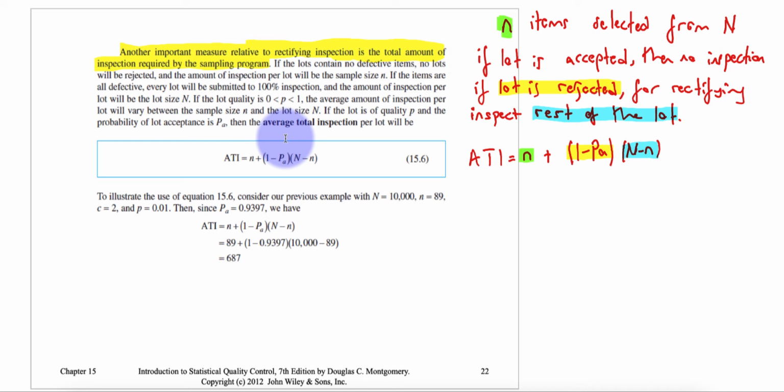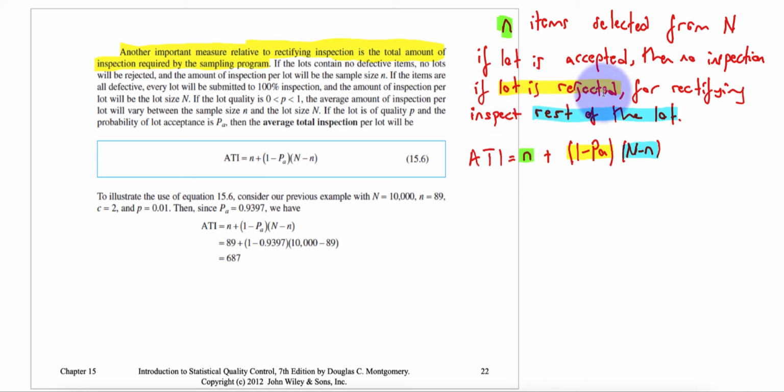For calculating the average total inspection, we are going to use this formulation. But first, let us see the reasoning of the formulation. For lot disposition, we need to take a sample, right? And this sample will be of size n. It will consist of n items, and we are going to inspect all of these items in the sample, either we accept or we reject them. If the lot is accepted, this is the number of inspections we are making.